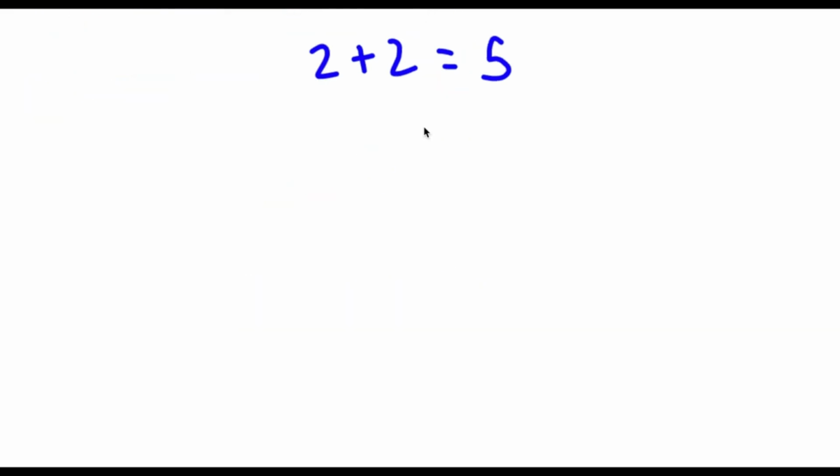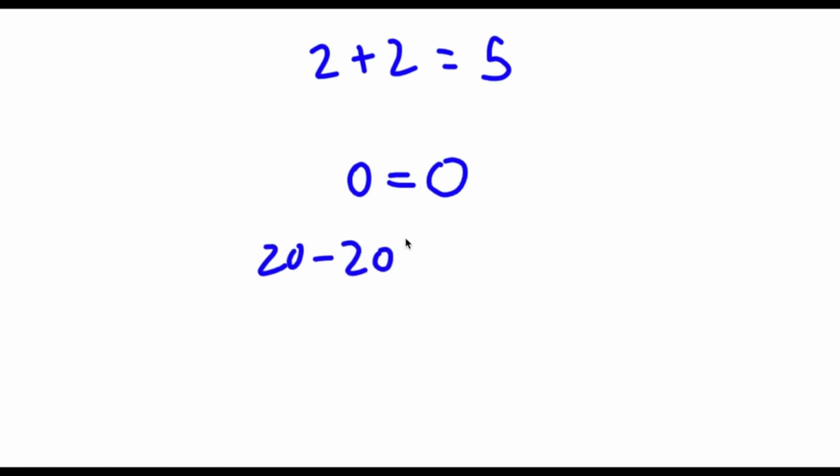Alright, so I have 2 plus 2 is equal to 5. So let's first start with 0 is equal to 0. This is a true statement, right? 0 is equal to 0 because any number is equal to itself. So on my left-hand side here, I'm going to rewrite 0 as 20 minus 20.